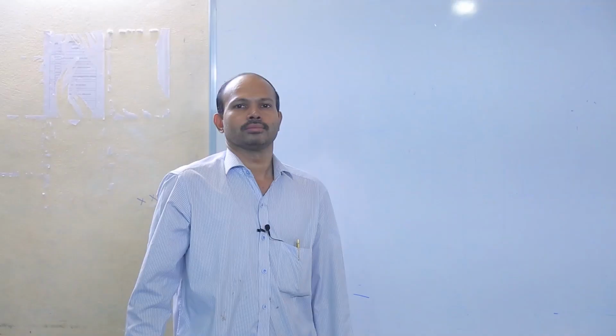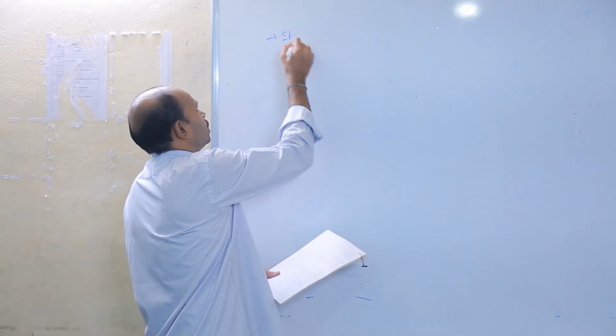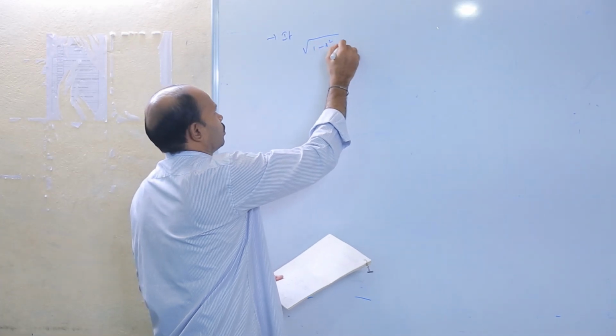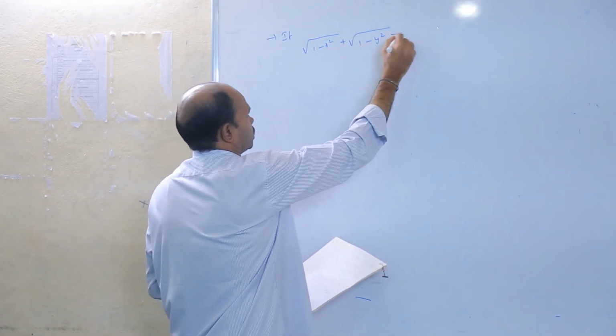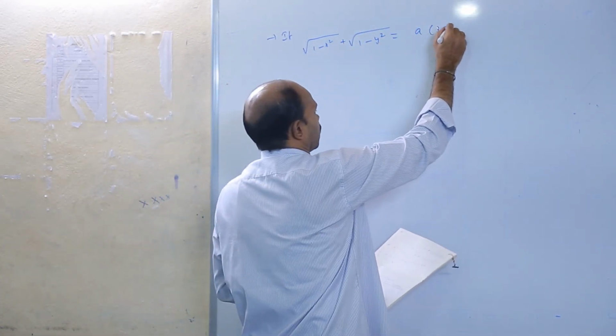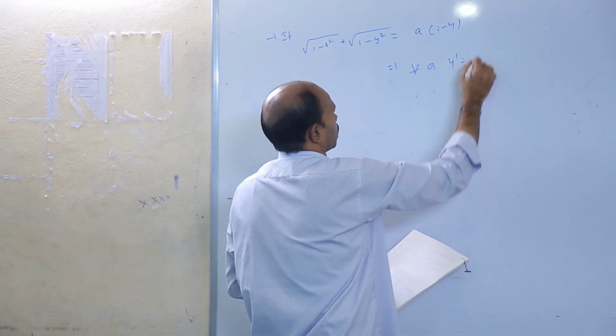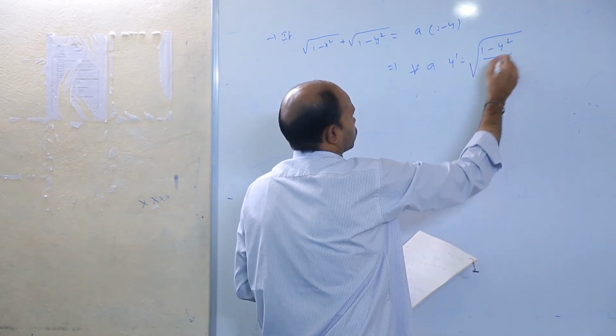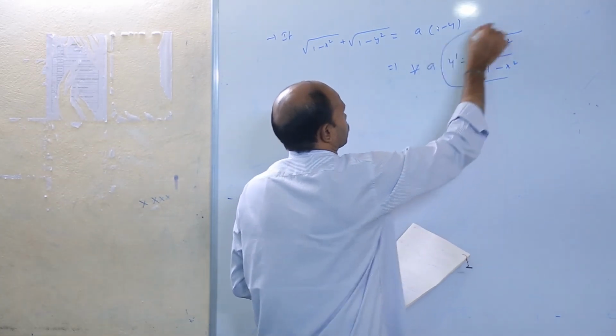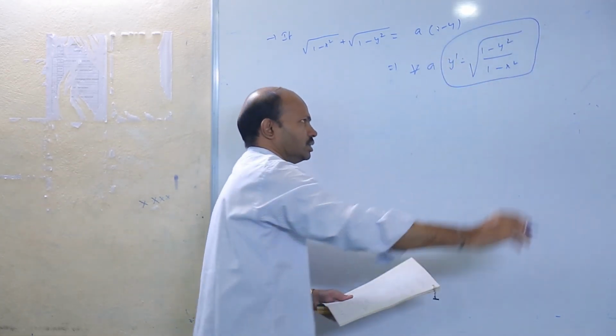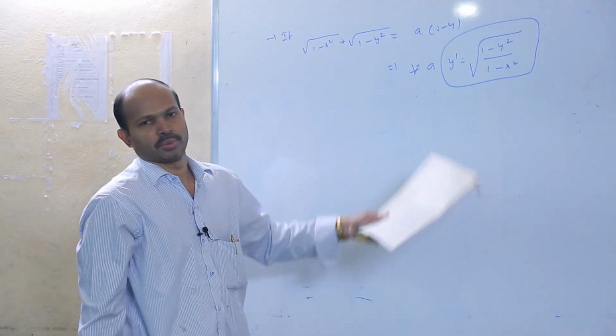If the given expression is like this, under root of 1 minus x square, under root of 1 minus y square, equals a into x minus y, then for all a, y dash is equal to under root of 1 minus y square by 1 minus x square. For all non-zero values of a, we have that expression.